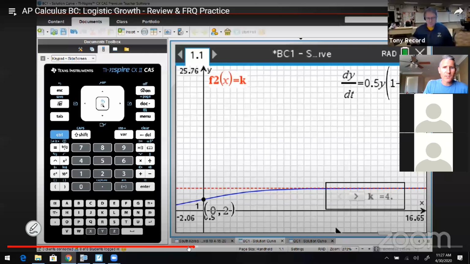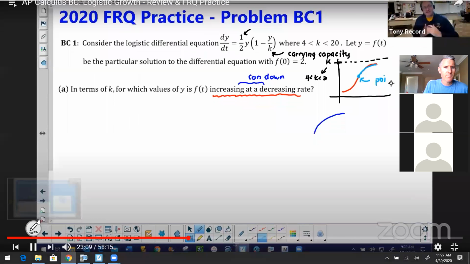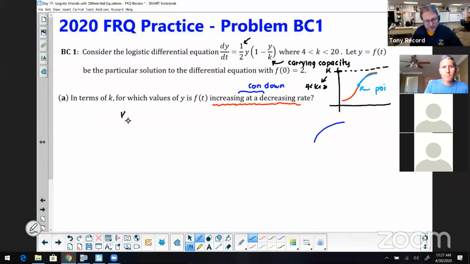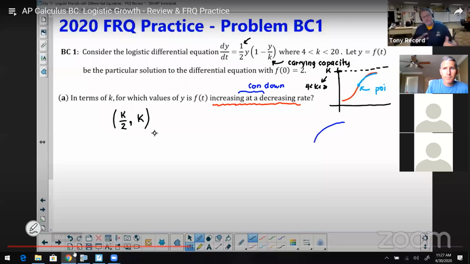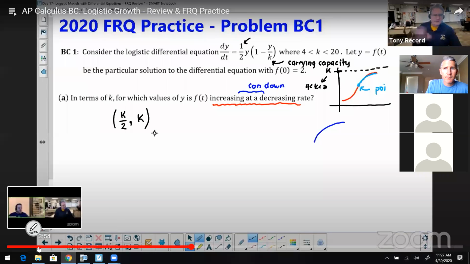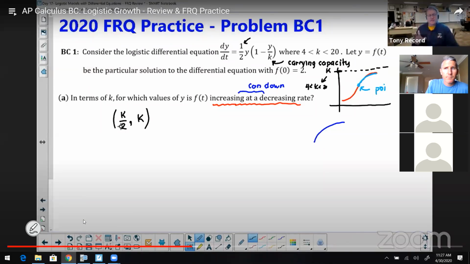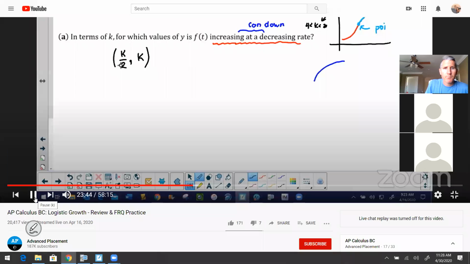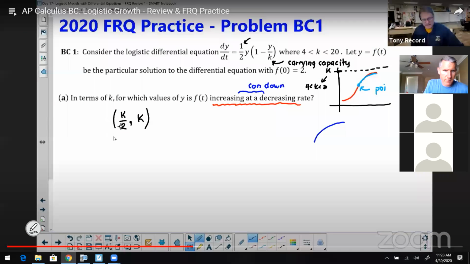So he just answered that right there. Okay, so that's their explanation of it.